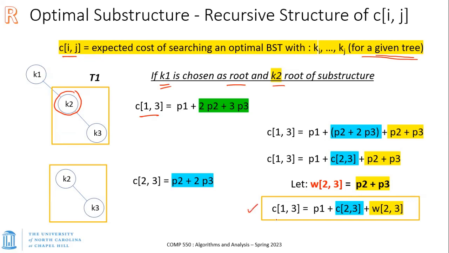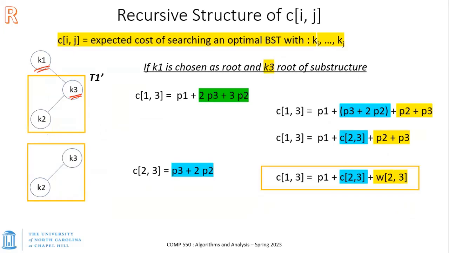It so happens that the recursive equation for both of these cases is the same. The cost for searching for keys 1 to 3 turns out to be the probability P1 of the first key, plus the cost of searching through the substructure 2, 3, plus the weight, the probability of either key 2 or key 3 being searched.